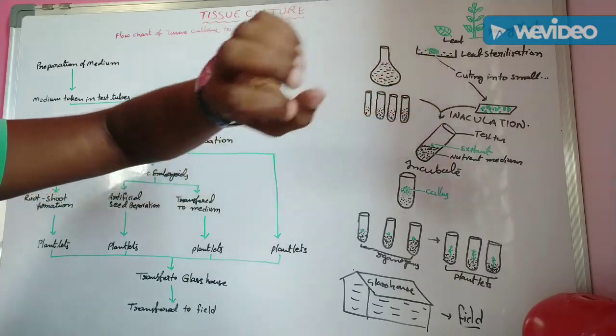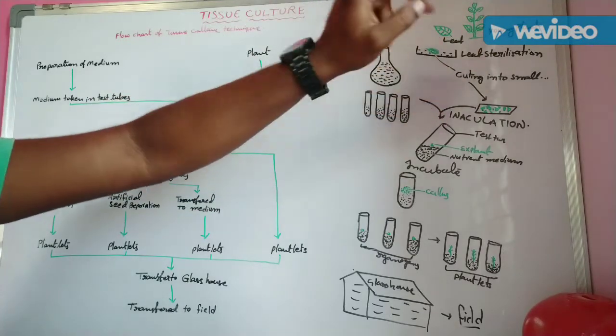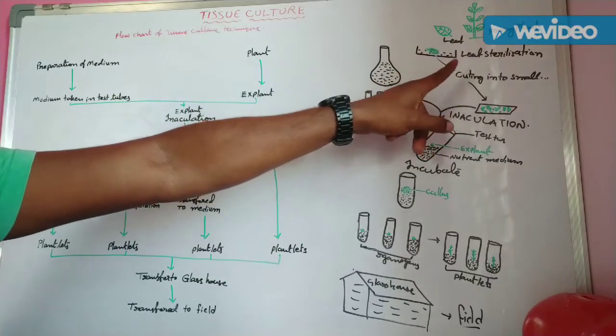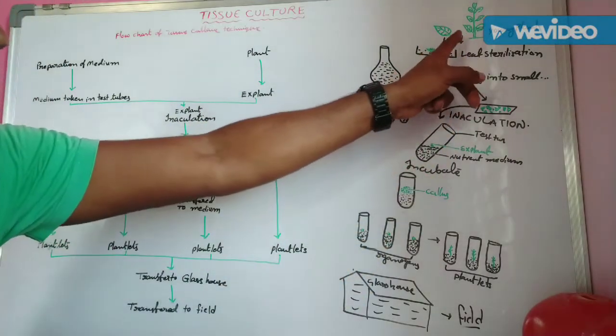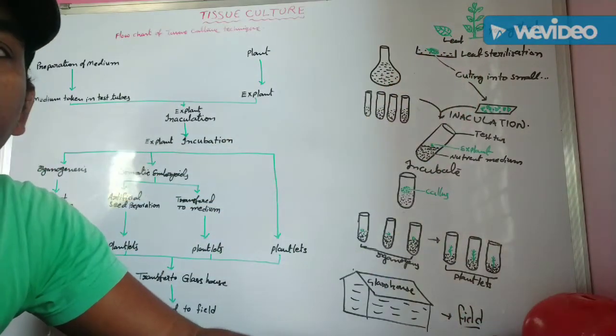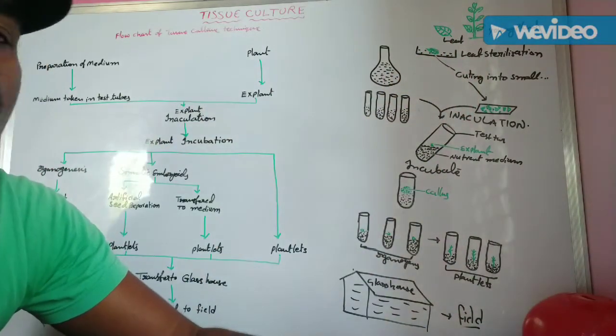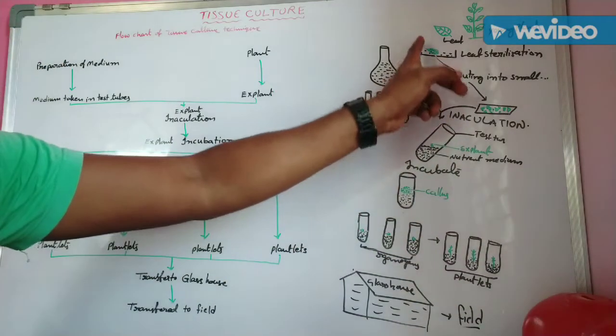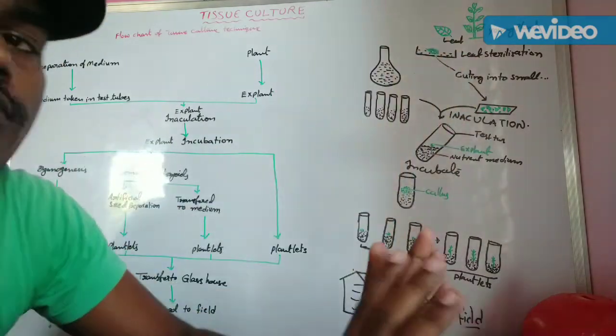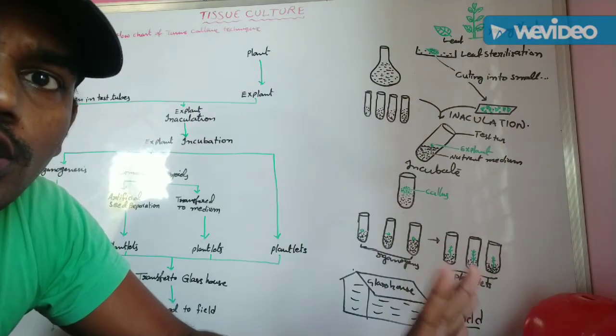In this way, any part of the plant you take as an explant. Understand? Then after, this explant is sterilized with the help of some sterilizing solutions. You sterilize only the outer surface of the explant.